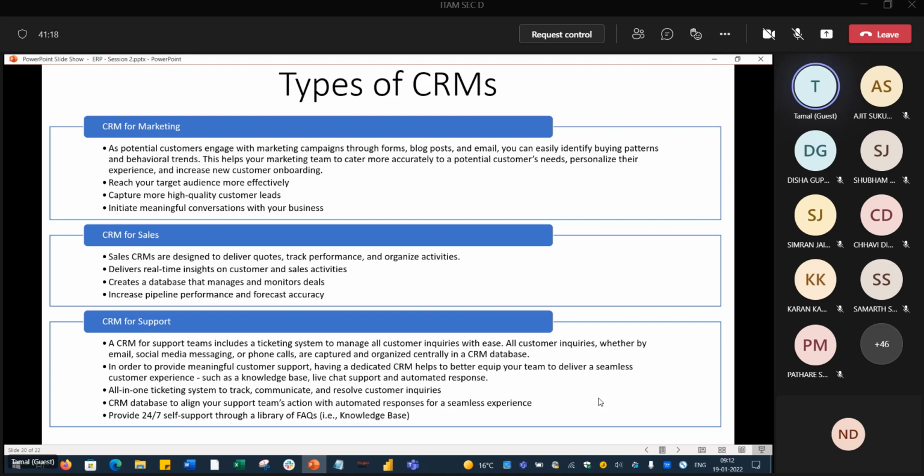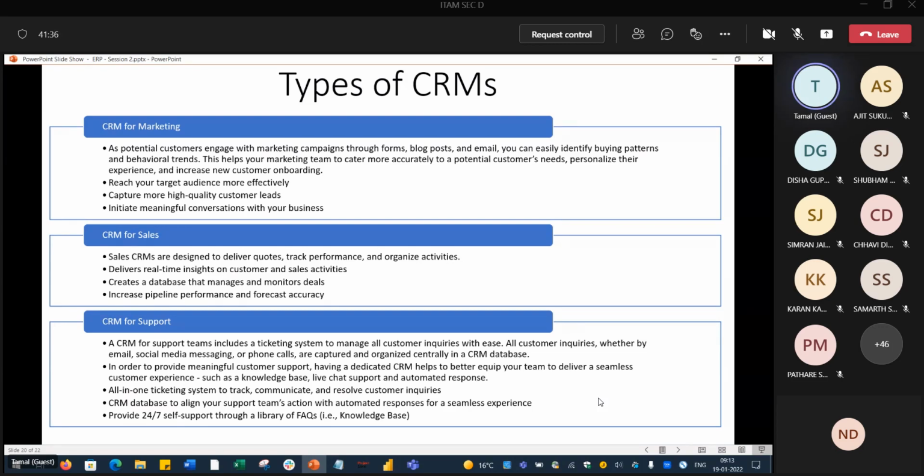Trend analysis, demand analysis, forecasting. For that, there was a separate CRM module. And CRM for sales we had for the client-facing employees. So these were two different things.